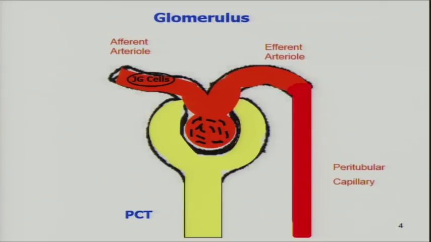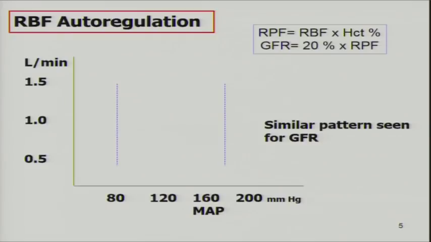You recall the juxtaglomerular cells in the afferent arteriole. And you also talk about autoregulation of renal blood flow and then renal plasma flow, that over a wide range of blood pressure, renal blood flow, renal plasma flow, and GFR remain relatively constant. And you get a similar pattern with GFR.